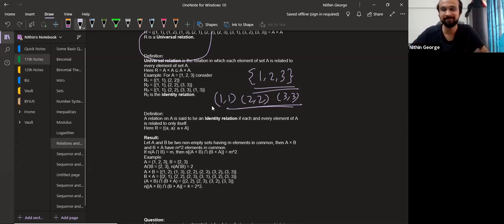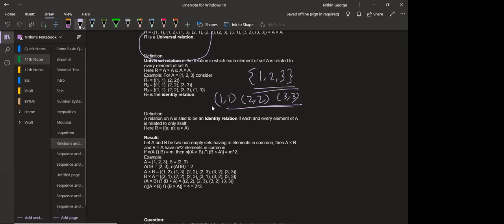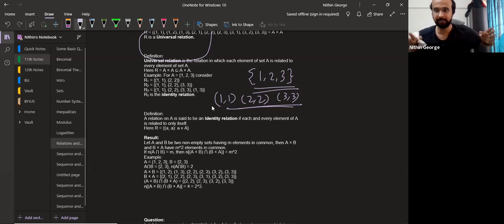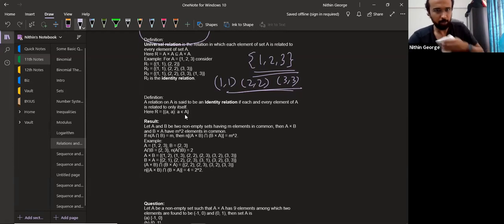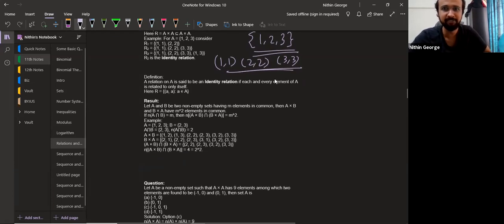No, (1,1), (2,2), (3,3) is the identity relation. Otherwise, identity relation is contained in the relation. That's the idea. There's a difference here. It's not that important, but just for namesake, we're covering it. If each and every element of A is related to only itself, that's the definition. Okay, guys, got it?